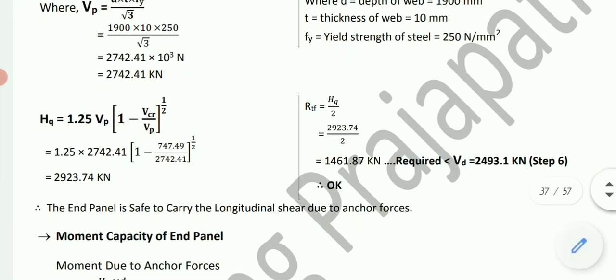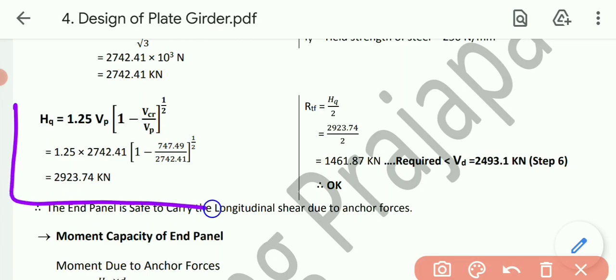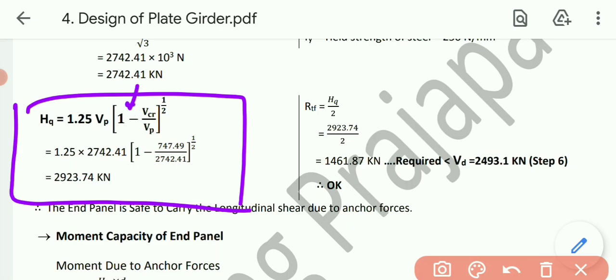So now let's put down these values in this formula. HQ equals 1.25 times 2742.41 in the bracket 1 minus 747.49 by 2742.41 whole raised to 1 by 2. So ultimately we will get the answer HQ, that is 2923.74 kilonewton.